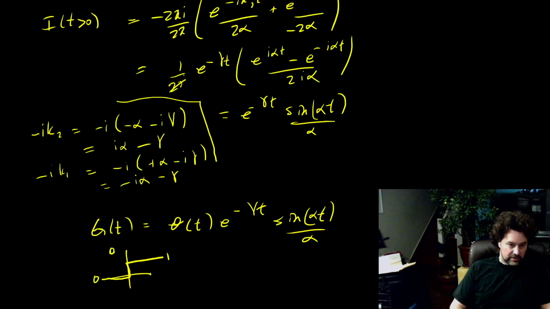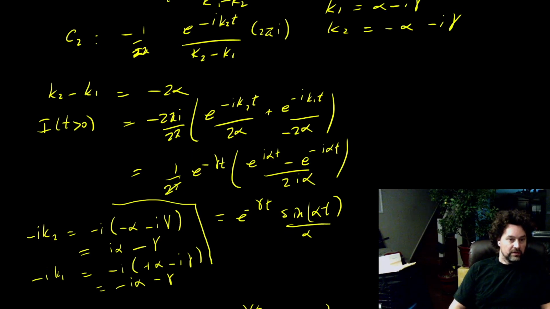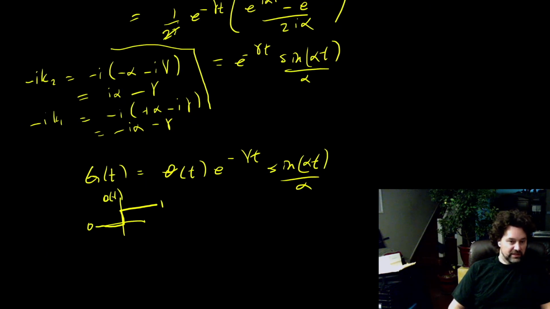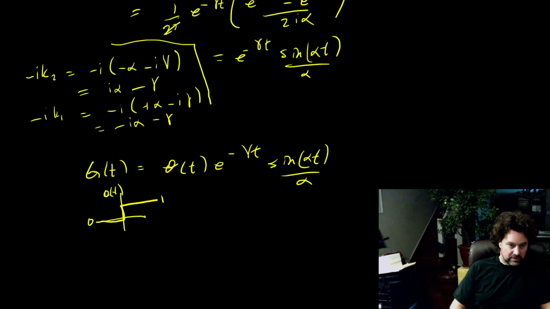This is our theta of t. And that gives us the constraint of 0 for t less than 0, but non-zero for t greater than 0. And we're kind of in a no man's land at t equals 0. We won't worry about that just yet. So that is our end result.